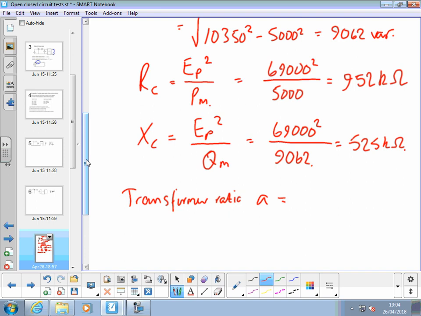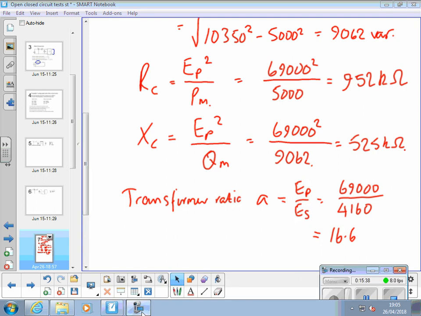A is equal to EP over ES, equals 69,000 divided by 4160, equals, and I got 16.6. Just check it because I have been known to get stuff wrong, as you all well know.